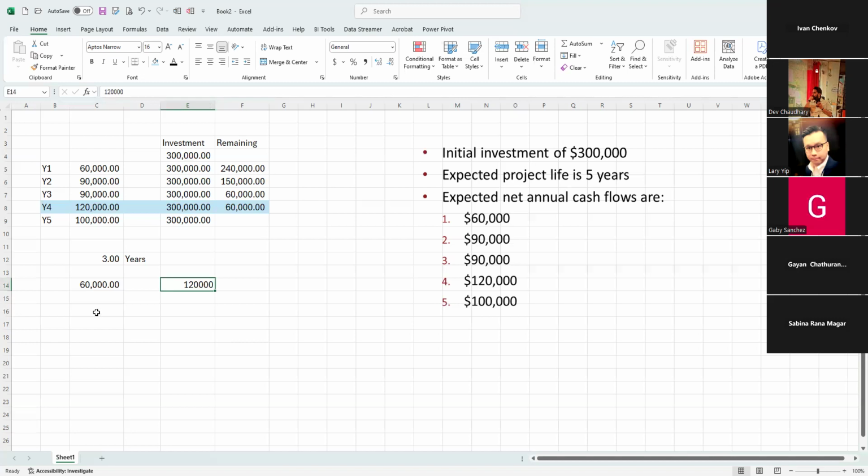So technically, it takes us exactly half a year to recover that, and that half is the fraction of the year that we need to recover our investment. And that's how you can do it by yourself, or that's how you should do it on the last test that's coming.